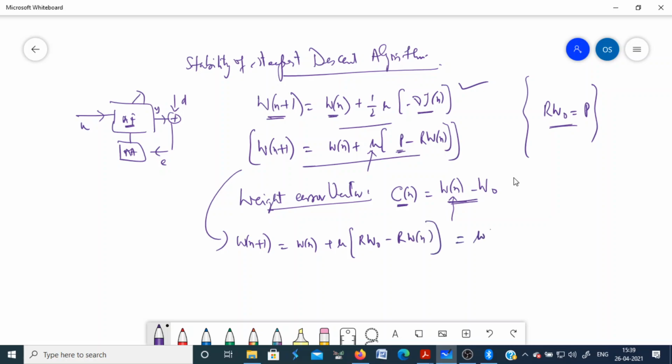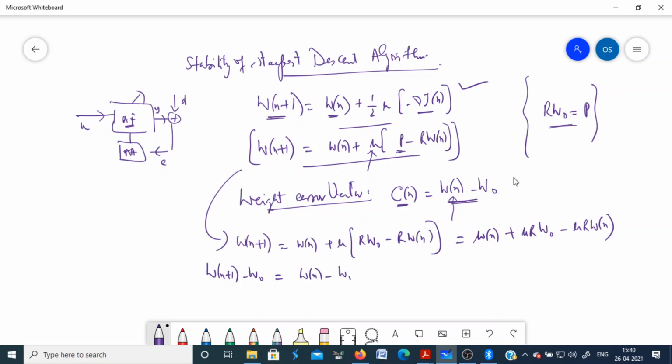So it becomes Wn plus mu R Wo minus mu R Wn. If you subtract Wo from both sides, what do we get?